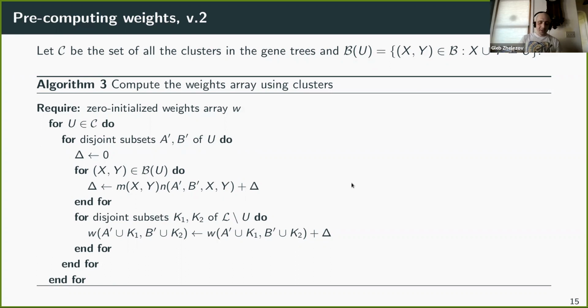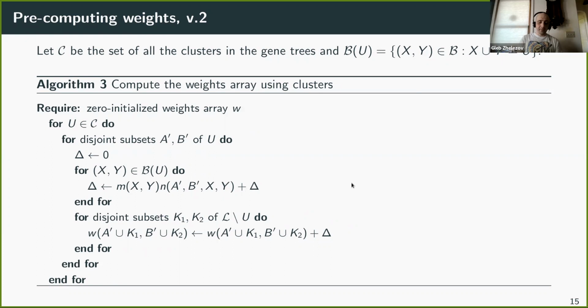So you zero initialize a weights array. For every cluster now, you do the following. You find disjoint subsets A prime and B prime of U. You initialize this delta to count the number of gene tree contributions, triplet contributions.